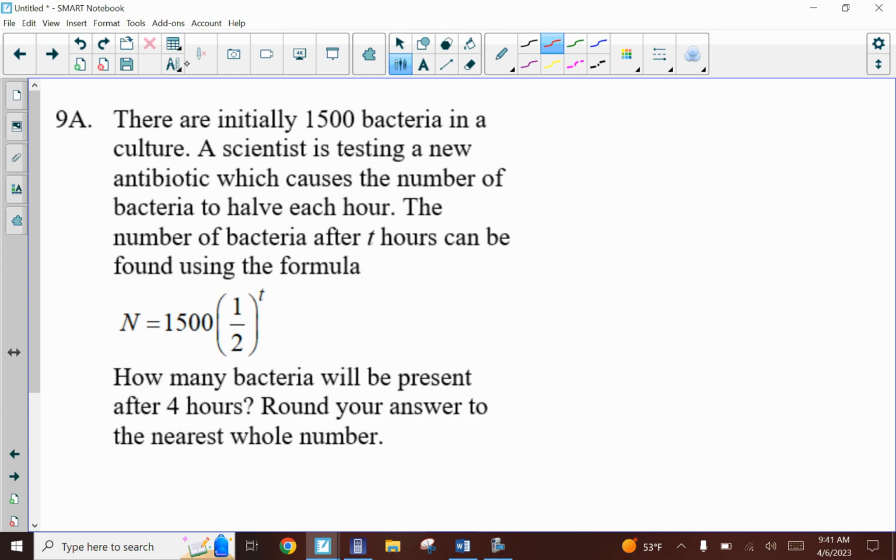Okay, number 9. Number 9 is a pretty easy problem. It says there's 1,500 bacteria. The scientists are testing medicine that causes the number of bacteria to halve each hour. So this is a problem where it's basically like a half-life. The most important part here is t represents the number of hours. So here's your formula, and it says how many bacteria will be present after 4 hours. 4 hours is time, so you just got to plug in the t.